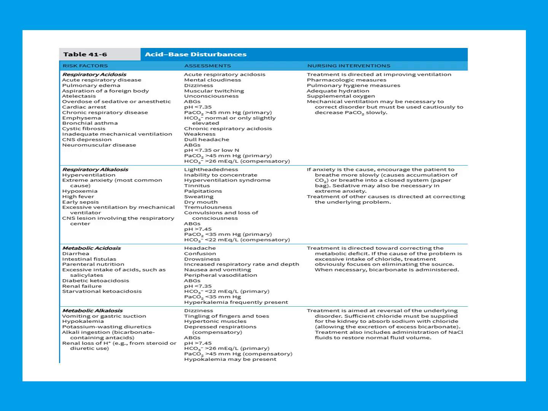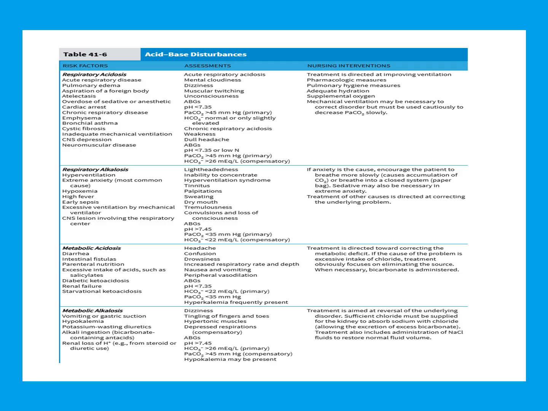And respiratory alkalosis, as we talked about, has hyperventilation as one of the causes. They may have some type of respiratory disease where they have hypoxemia, or a high fever, sepsis, or a lesion in their brain affecting the respiratory center.